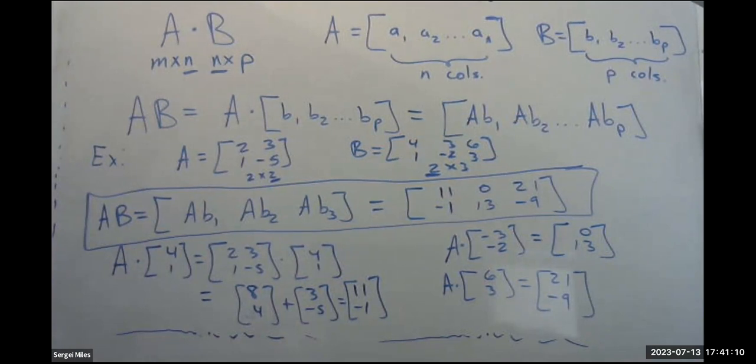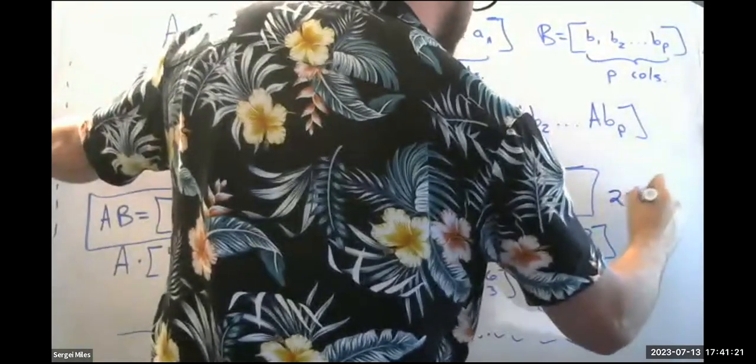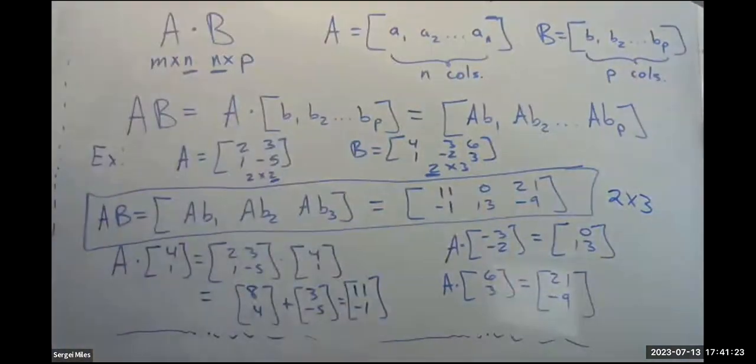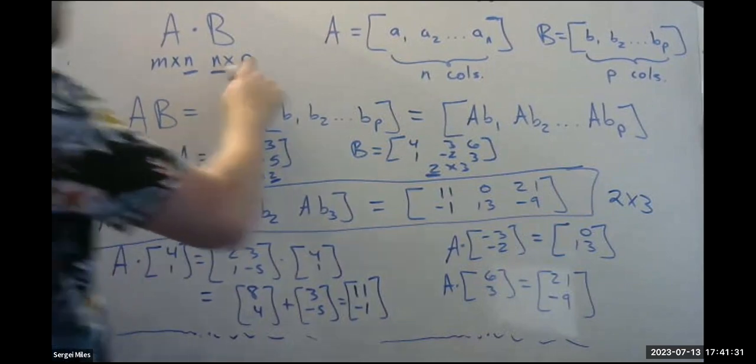Second point I want to highlight here is look at the dimensions of the result, right? What happens here? This is a 2 by 3 matrix. Why did it turn out to be a 2 by 3? Well, however many columns B had, right?